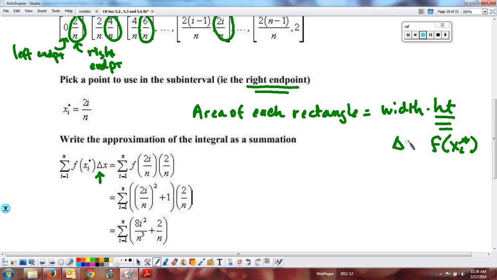And then your width is your delta x. And so this calculation here is the area of a rectangle, and we want to sum up the area of all n rectangles. We go ahead and we substitute what we calculated over here. In terms of our general formula, we have our 2i over n for our right endpoint selection, and we have our 2 over n, which is our delta x that we calculated. Since we know the function, we go ahead and plug and chug into the formula.